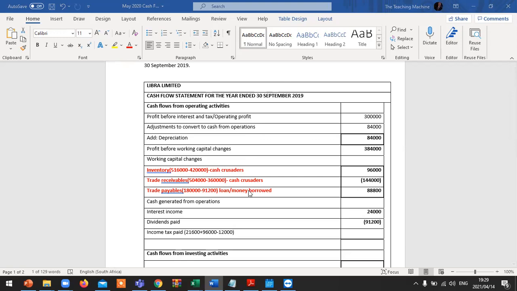But in this case, this amount is shown as a liability. So we minus if it's a liability because it was not paid, it's still owed. But the only amounts that were paid is 21,600 together with the 96,000. This one, it's still owed. That's why it's shown under current liabilities. But if the last one, the 12,000, was shown under current assets, we were going to add it here because it would mean it was overpaid.